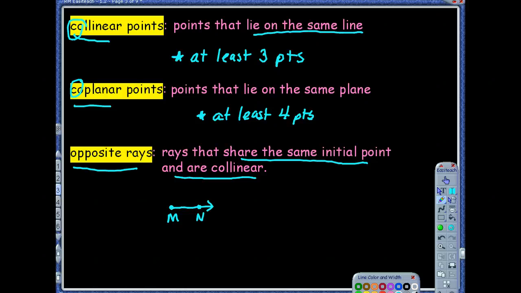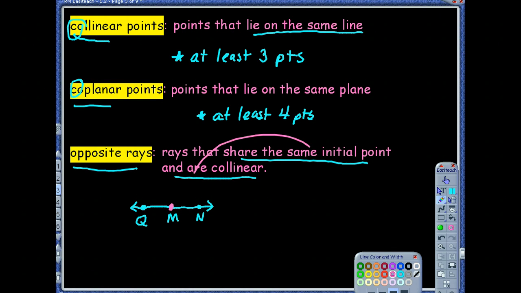So if I draw it just straight up, they're not on the same line. So what if I go this way, directly opposite of it? I'm going to name this maybe point Q. Just change it up. So yeah, there we've got an example. They share the same initial point. We'd be talking about ray MN. So this is the initial point.